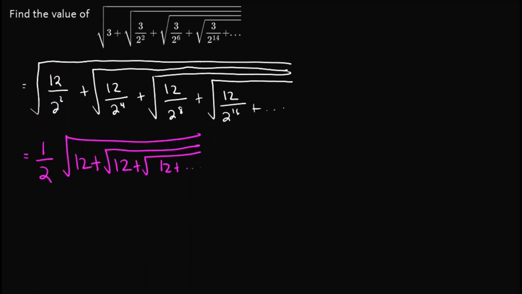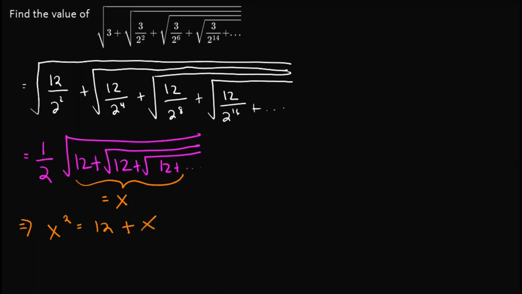Now from this one, what we can do is we can let this one be equal to x. Then we know that x squared is equal to 12 plus x.